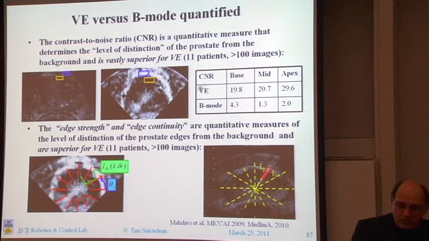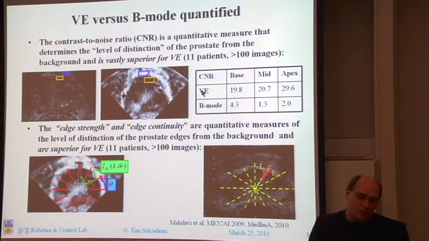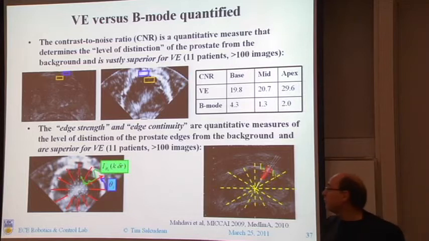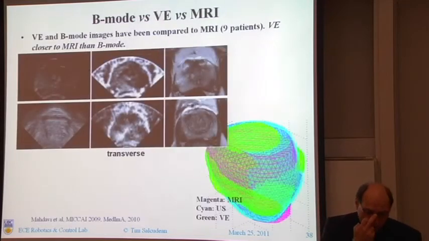And we get the contrast to noise ratio is significantly better in Vibro-elastography images. We also get that the edge strength, so if you look at the gradients around the radial intensity maps, that edge strength and edge continuity from one radius to another are actually better for Vibro-elastography than they are for standard B mode imaging.